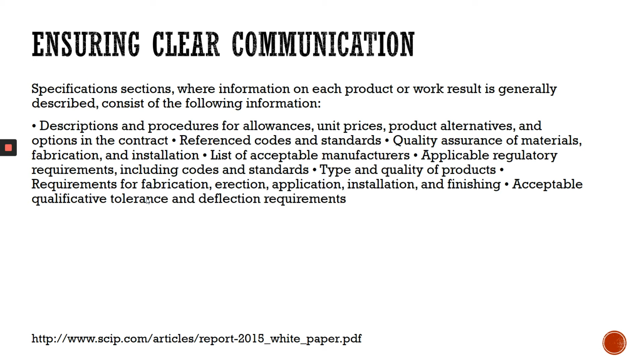So the specification has the following information: descriptions and procedures for allowances, unit prices, product alternatives, and options in the contract. Normally you have this for big projects, really big projects. But if you have a simple project, renovations, Class F works, you may not have product alternatives, because it's pretty simple, just straightforward.